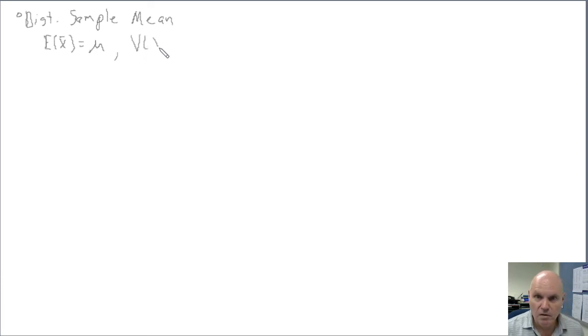The variance of the sample mean is equal to the population variance divided by the number of observations. Again, the sample mean is 1 over n times the sum of our observations, i equals 1 to n, if we've got n observations in our data set. So it also is a random variable. It's a sum of random variables, so it would also be random with this expected value and this variance.